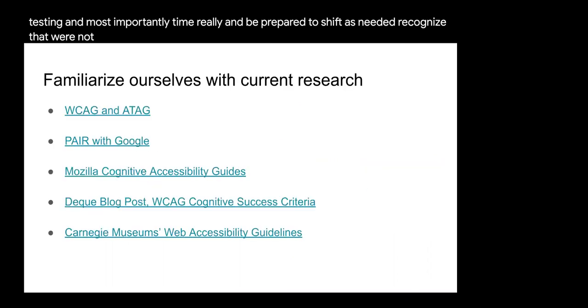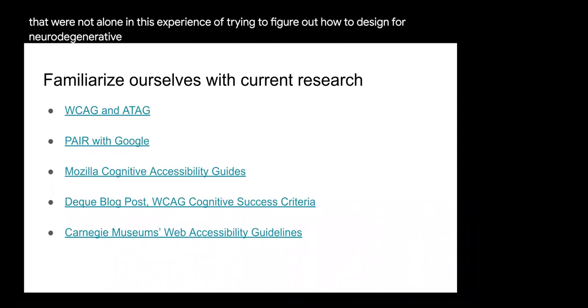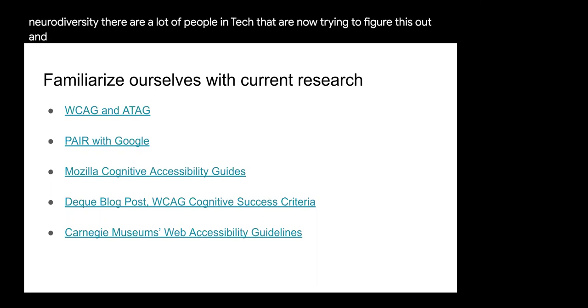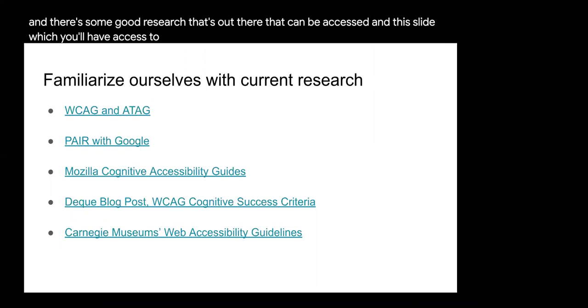Recognize that we're not alone in this experience of trying to figure out how to design for neurodiversity. There are a lot of people in tech that are now trying to figure this out. And there's some good research out there that can be accessed. This slide, which you'll have access to after the talk, has links to some of this research.